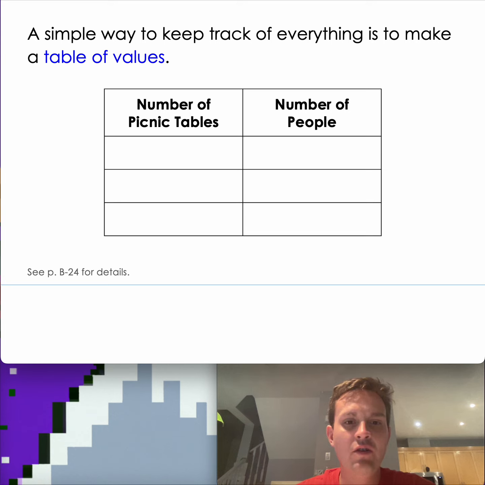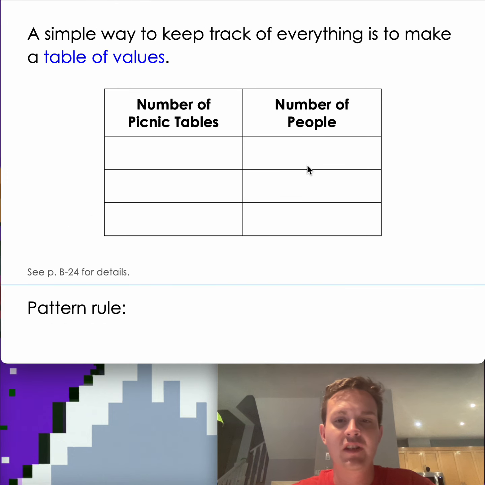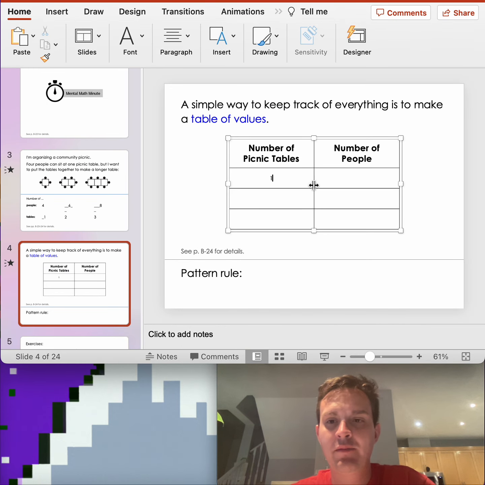So how does the number of people change as the picnic tables are added? If we fill this in, when there was 1 picnic table, there were 4 people, then 2 picnic tables made 6 people, and then at 3 picnic tables, there were 8 people.